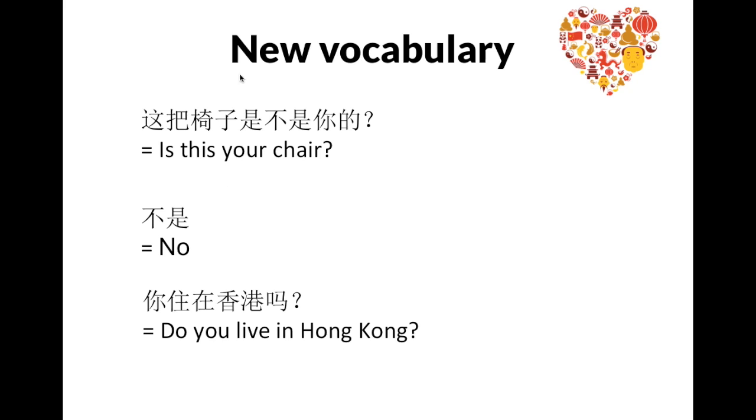So you say either the chair is yours or it is not. So you say 是不是. So the responder then either chooses 是 if it is his chair, or he says 不是 if it isn't. So in this case, it isn't his chair, so he says 不是, which translates into no in our case.